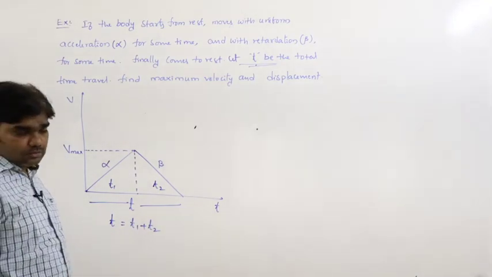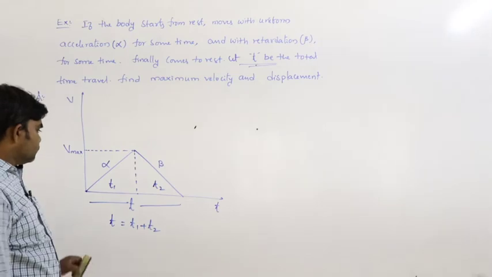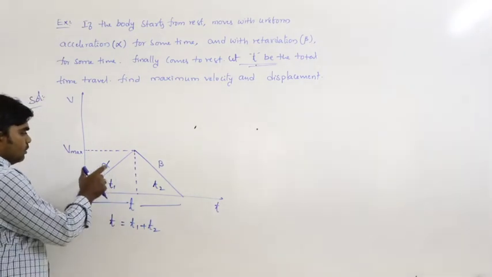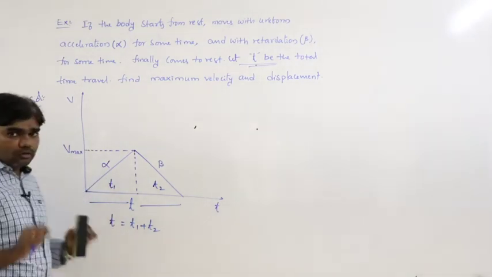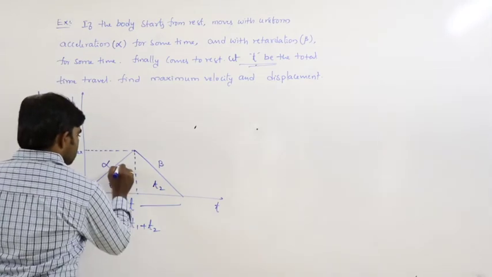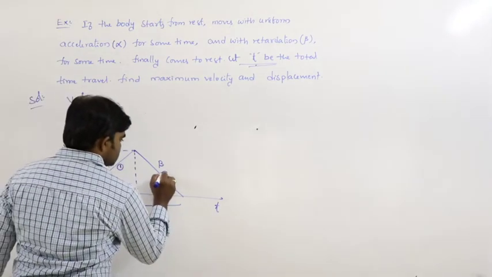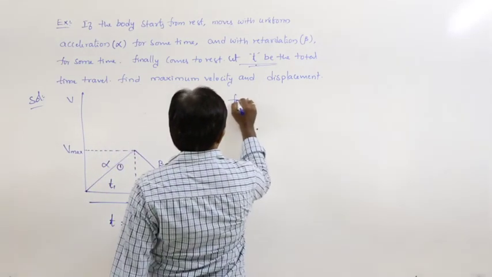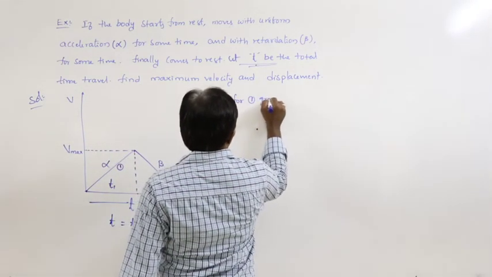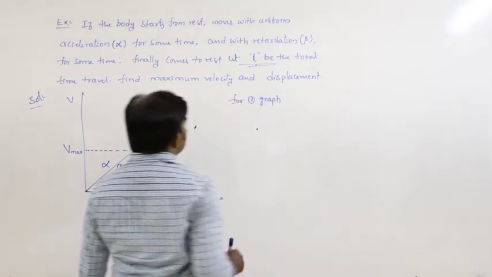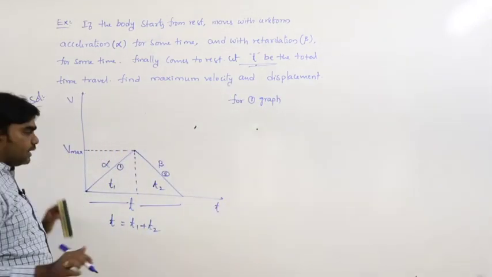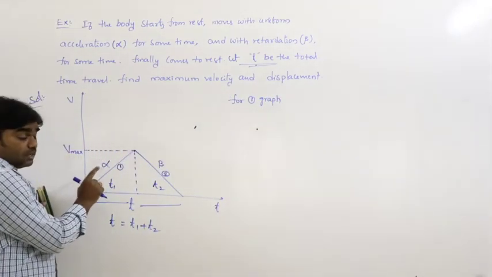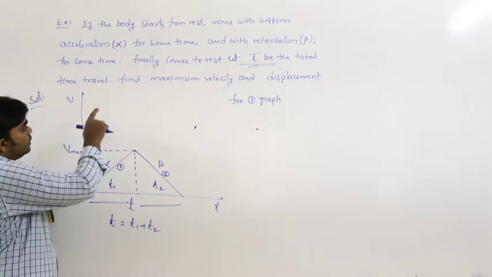Now in this situation we have to find out first V maximum. How can we calculate it? So let us say it is the first shape and it is the second shape. See here, for the first graph, what do we have to calculate?